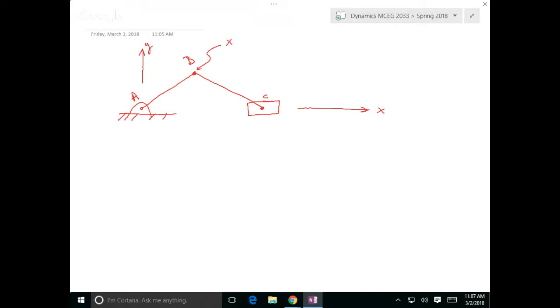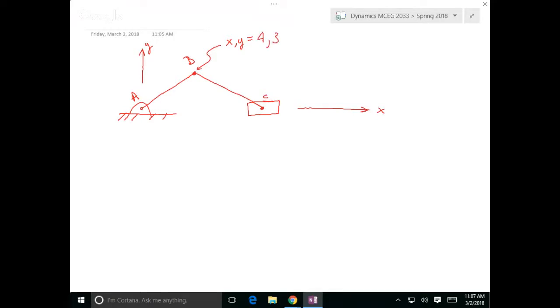I'm just going to make this up. The X location of B and the Y location of B looks to me like, I don't know, 5 and 4. Or actually, how about 4 and 3? Because that gives me a 3, 4, 5.